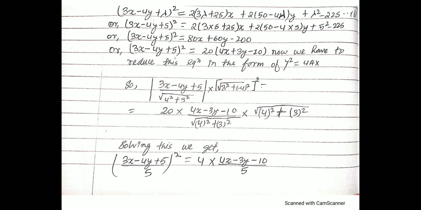Then it becomes (3x minus 4y plus 5) whole square is equal to 2 times (3 into 5 plus 25) into x plus 2 times (50 minus 4 into 5) times y plus 5 square minus 25. So after putting the value of lambda, our equation turns to (3x minus 4y plus 5) whole square is equal to 80x plus 60y minus 200.